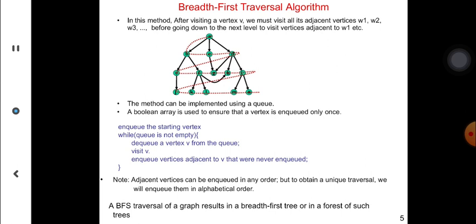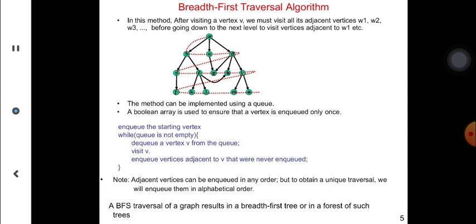Before going down to the next level, visit the vertices adjacent to W1, then the vertices adjacent to W2 and W3, and so on. So this algorithm works by finding adjacent vertices.